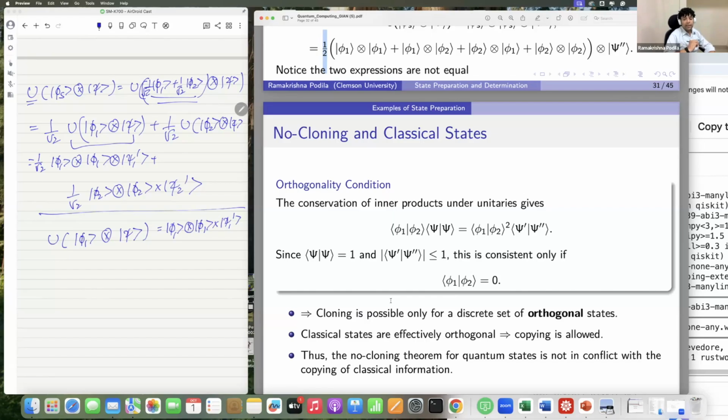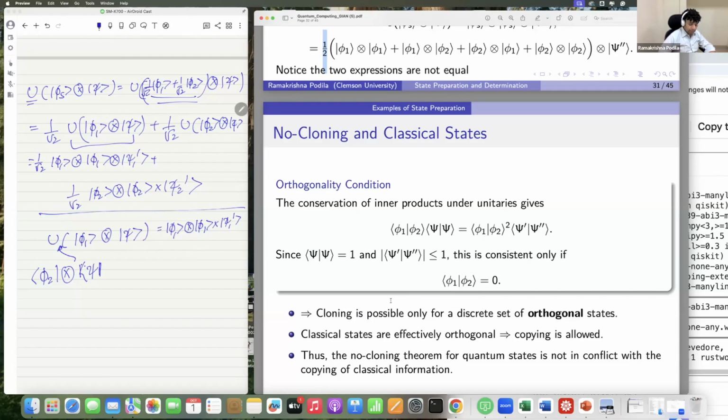And then let's say I take this one, phi 2, crossed with psi, and I sort of put this on this one.